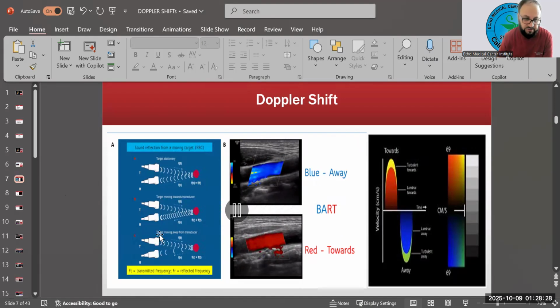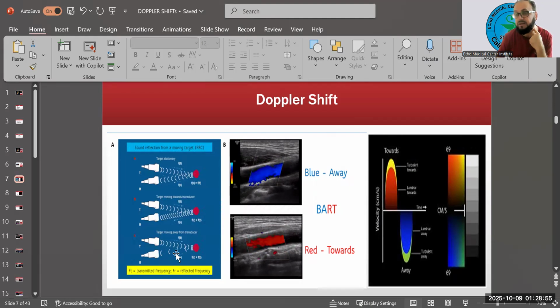But oppositely, look here, if your probe is at 7 megahertz, but you get less frequency in the return, maybe like 6.9 megahertz, you are having more in operating frequency, but your reception is less. It means your Doppler shift is negative because the flow is going away from the transducer in that case. This is important for us.